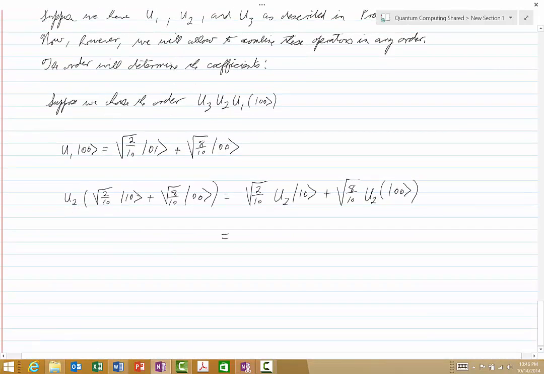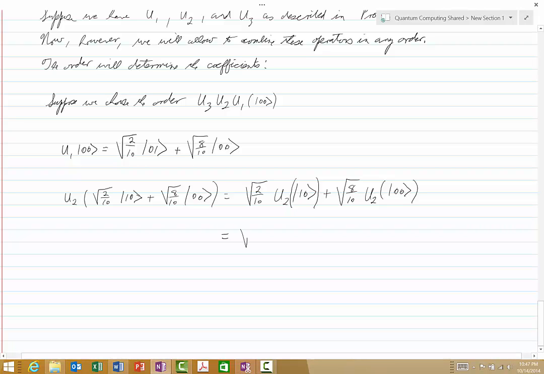Now, as has already been noted, U2 acts trivially on 1, 0. I guess I should have a parentheses here. U2 acts trivially on 1, 0, and therefore U2 of 1, 0 is just 1, 0.